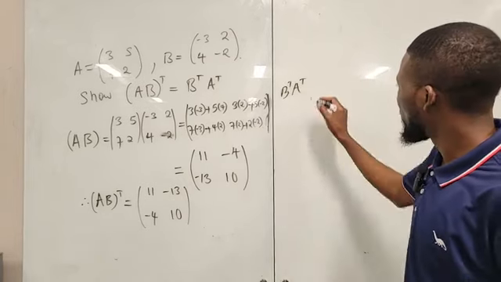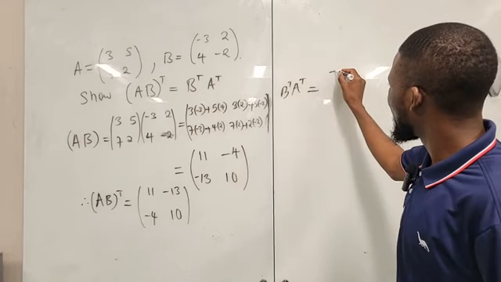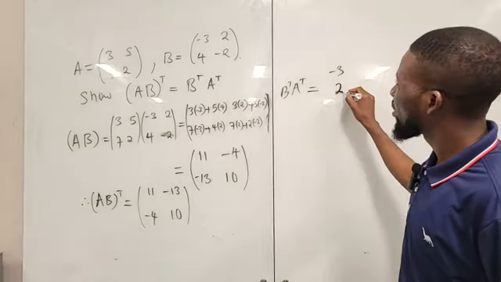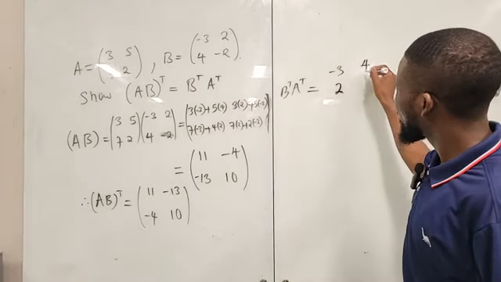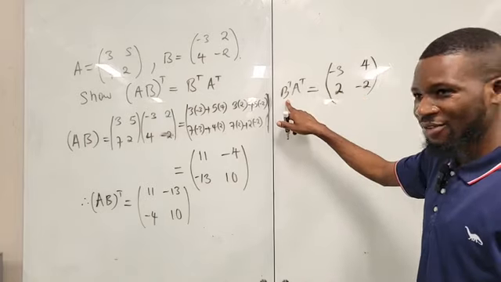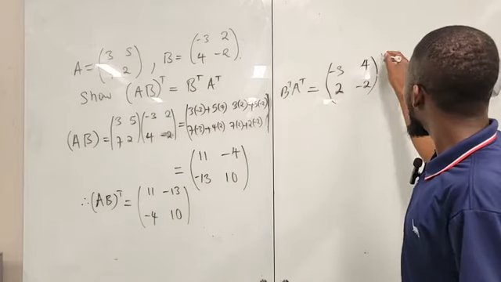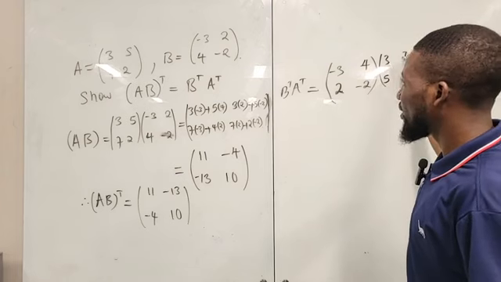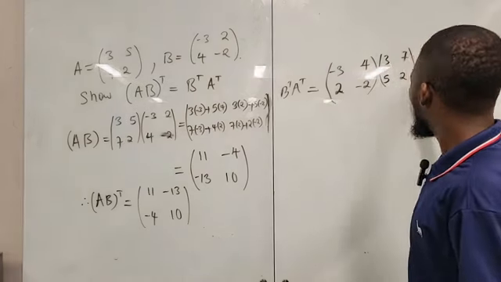B transpose multiplied by A transpose. So this is -3, I take the transpose, which is 2, and that is 4, and -2. Make sure you take the transpose of B. Then A transpose is 3, 5, and 7, and 2.